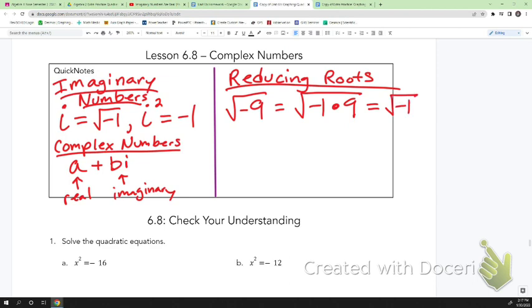We broke that down further because once we get the square root of negative 1 by itself, that turns to i. The square root of 9 is actually 3. We can write our final answer as plus or minus 3i. So now we have an imaginary answer.